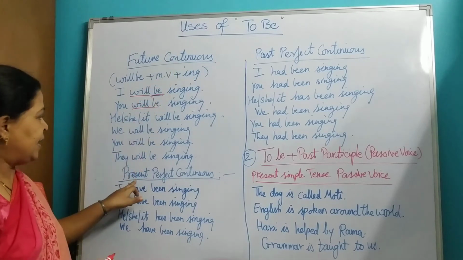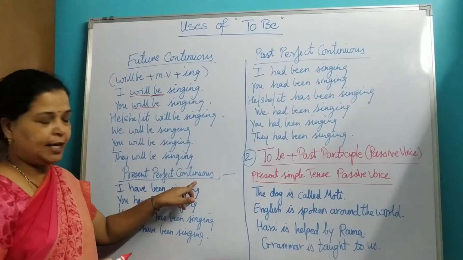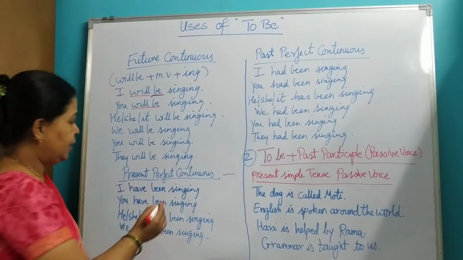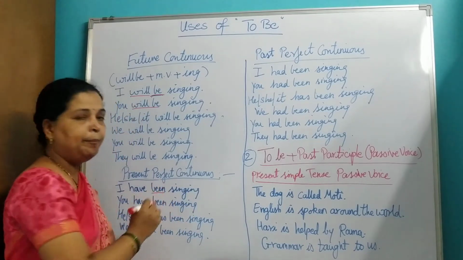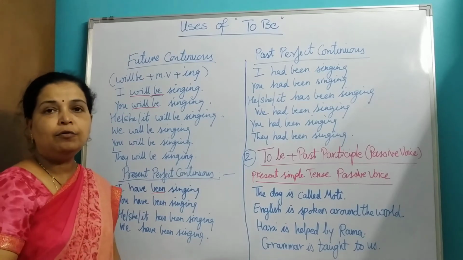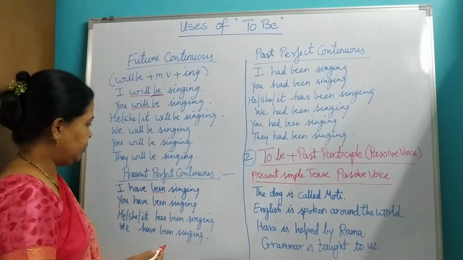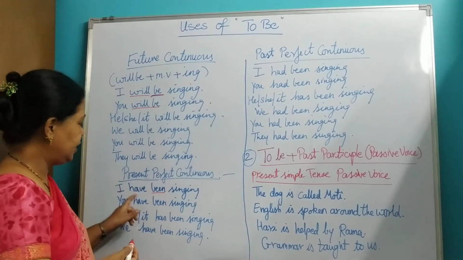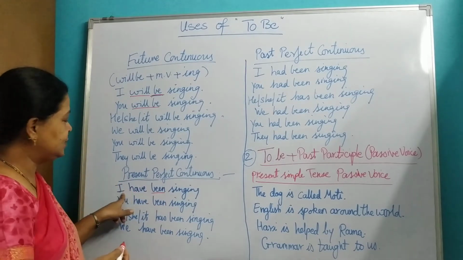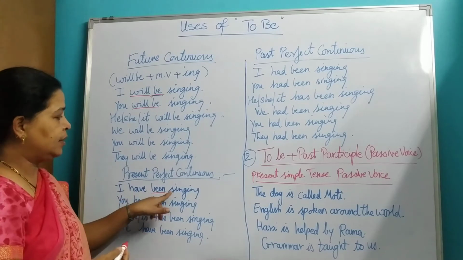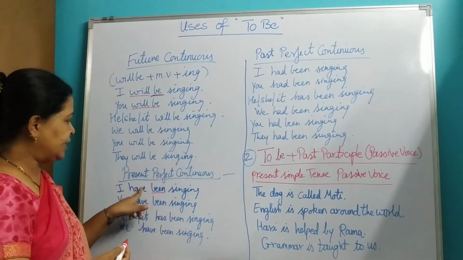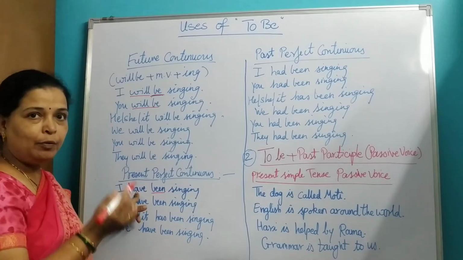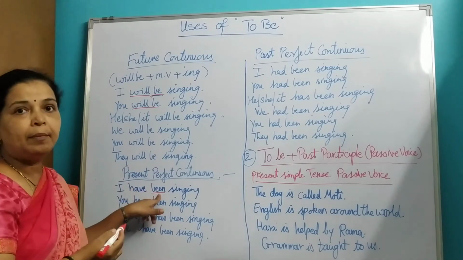Now the present perfect continuous tense, we have I have been singing. Here been is the form of to be, which is used in the perfect tense. Got it? So we write like this: I have been singing. In perfect tense we have has or have as the helping verb. So along with have we have to use been.